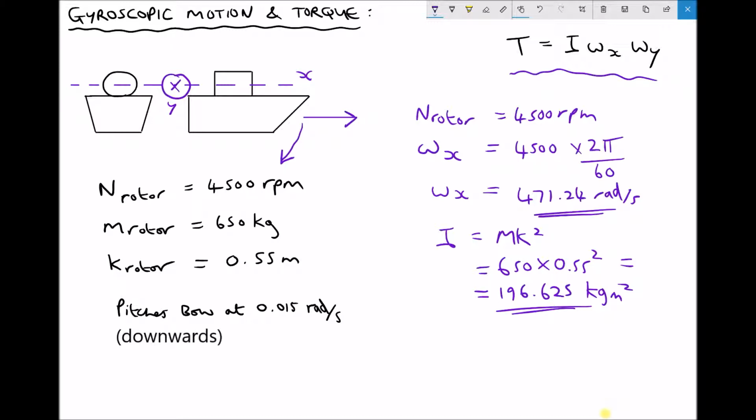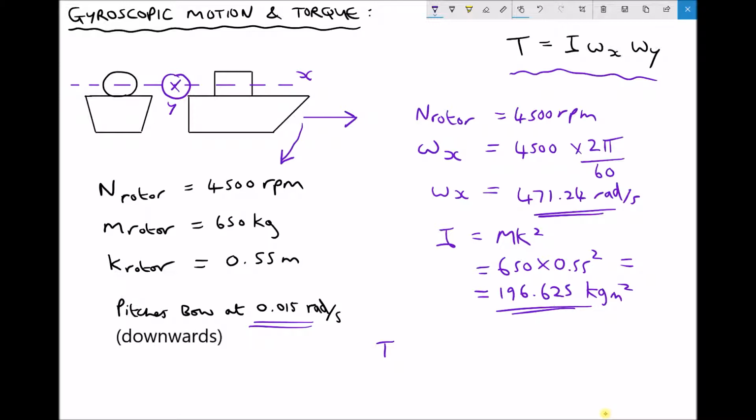So the last thing that we need to do in order to calculate our torque is include the angular velocity with the y-axis as its rotation. Now the question specifies that as 0.015 and it's already in radians per second.